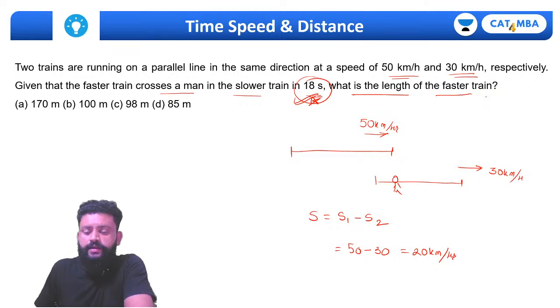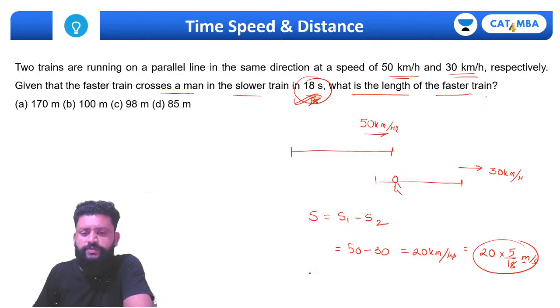So if you want to calculate the length of the train, and 20 किलोमीटर पर आवर को हम अगर मीटर पर सेकंड में कवर कर देते हैं तो कन्वर्ट कर देते हैं 20 किलोमीटर पर आवर इंटू 5/18 meters per second. Simply you can keep it this way only.